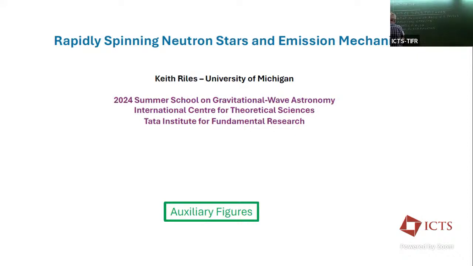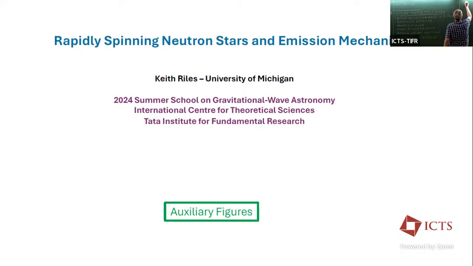And then I'll start getting into the topic of gravitational wave emission. I'll start with some very basics, again, just to make sure we're all on the same page. And then I'll focus in on continuous gravitational wave emission. And I'll address some of the likely causes, we hope, of that kind of emission.